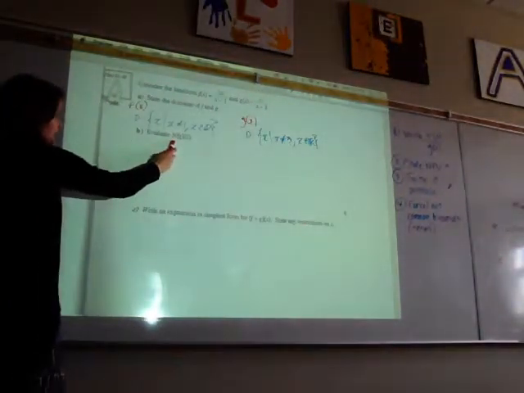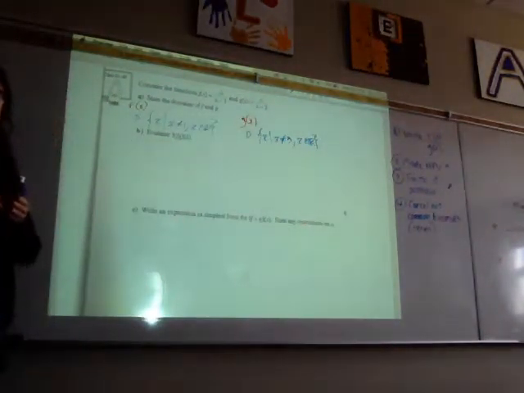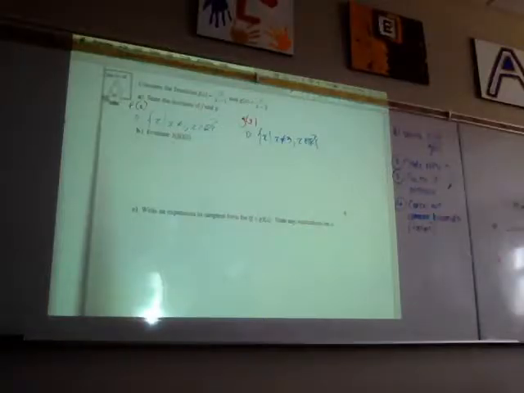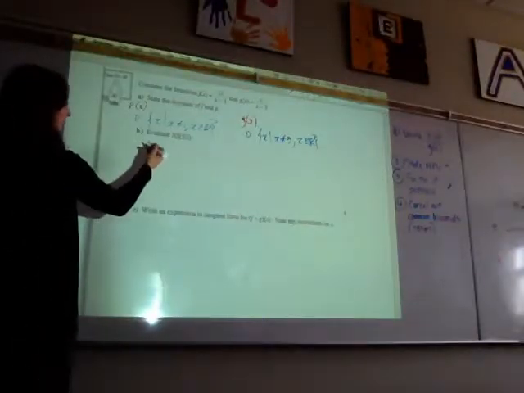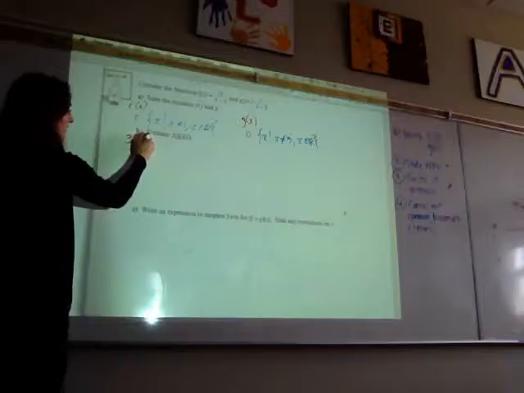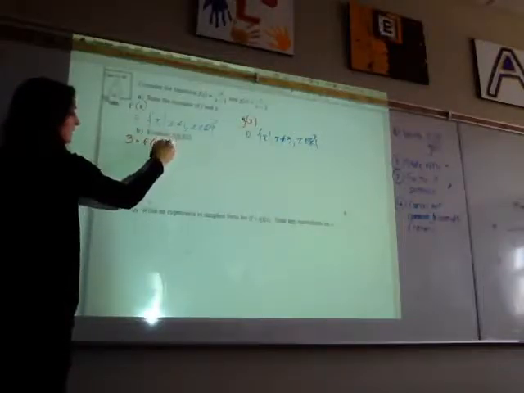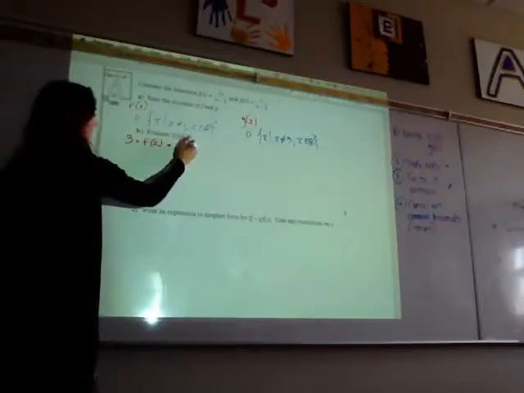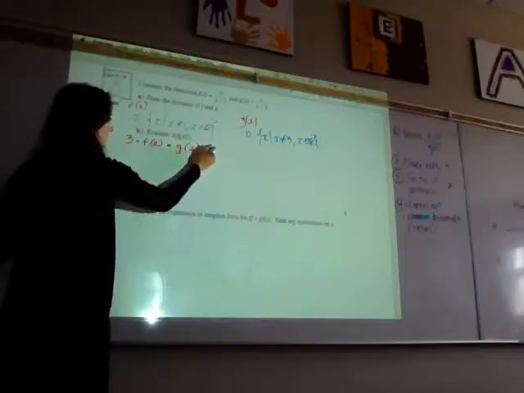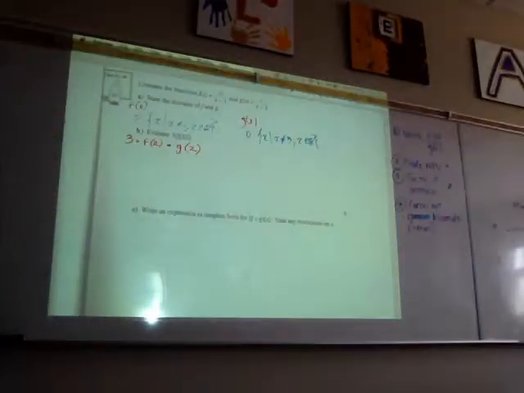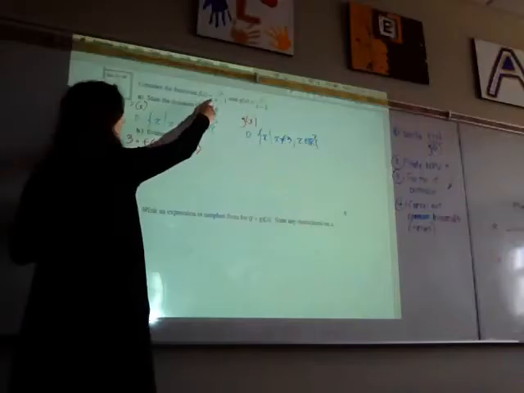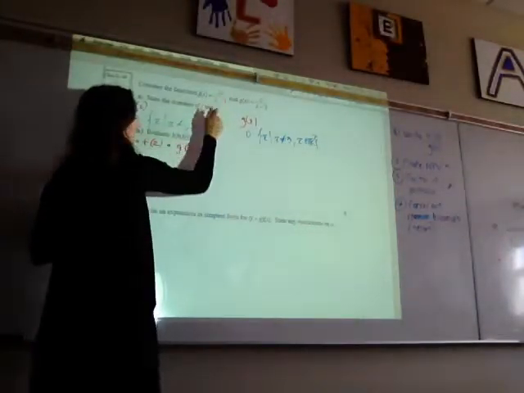So if we take a look at the notation 3 times fg of 2, there's a bit of an easier way to look at that. You can go 3 times f evaluated at 2 times g of 2. So anytime you see an x in f of x, we're going to place a 2 there instead.